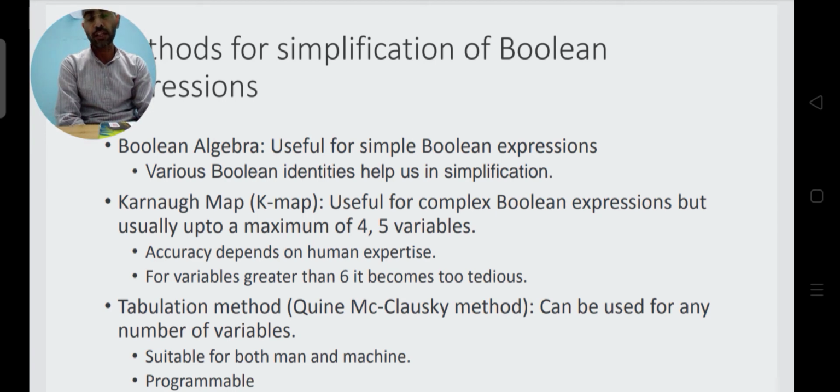Okay, we are not going to use these Boolean identities to reduce the function, and the reason is that these identities are useful to simplify Boolean expressions which have fewer variables, fewer literals. If the given functionality is a little bit complex, then it becomes difficult to reduce the function with the help of Boolean algebra, because it becomes a little tedious.